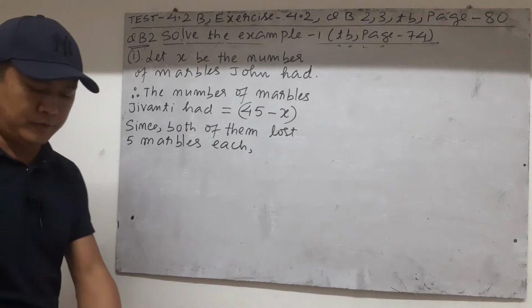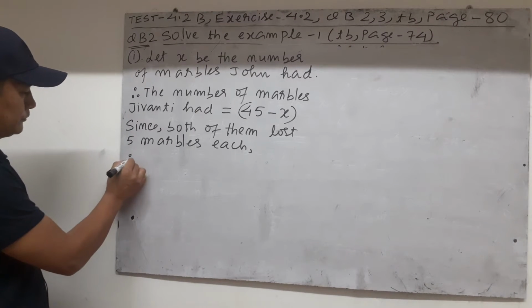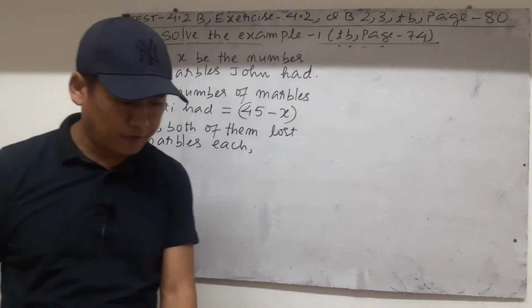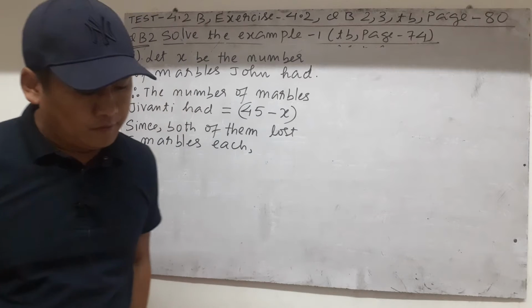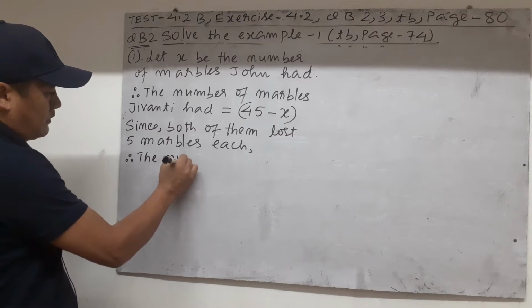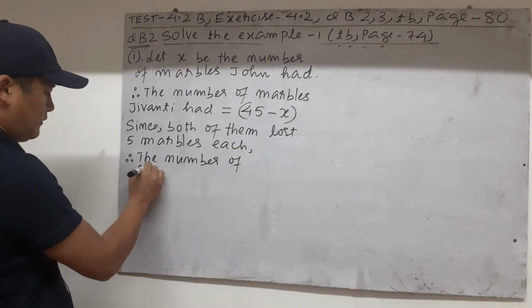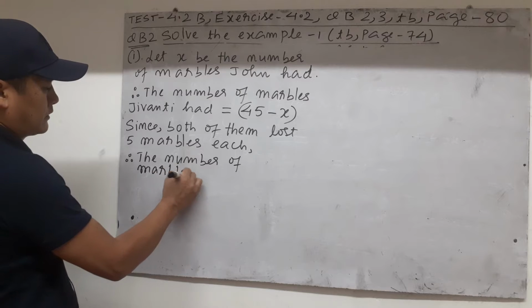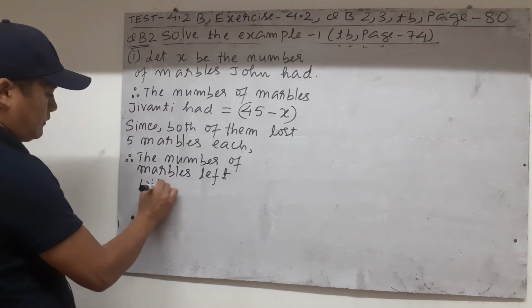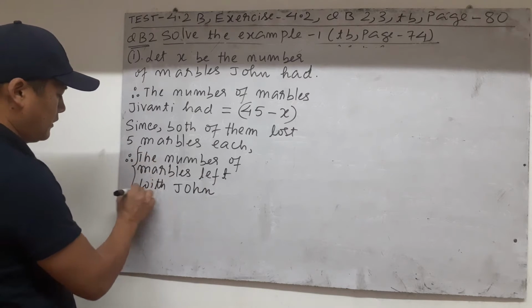So if both lost 5 marbles each, it means therefore the number of marbles left with John, let us start with, after he lost 5.